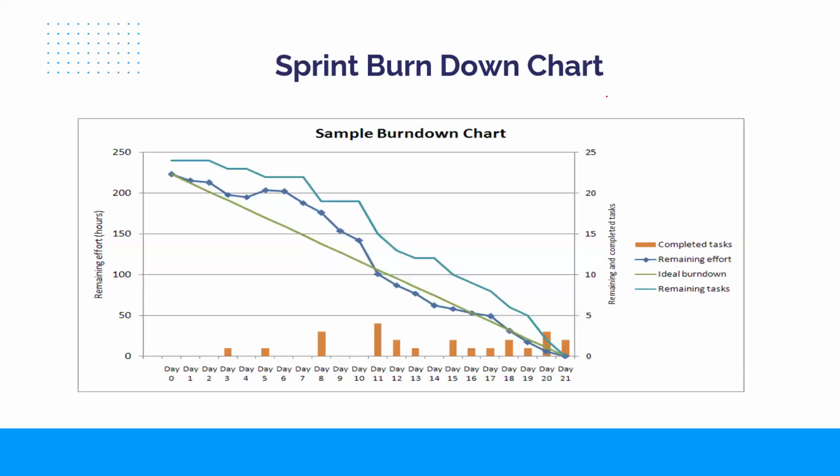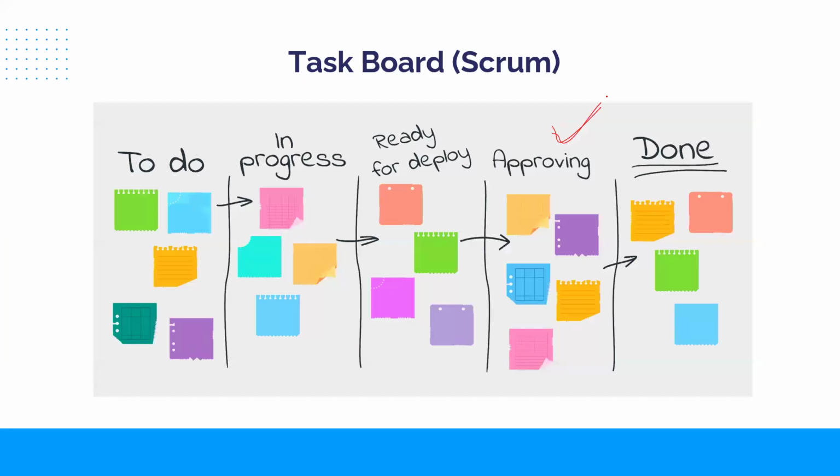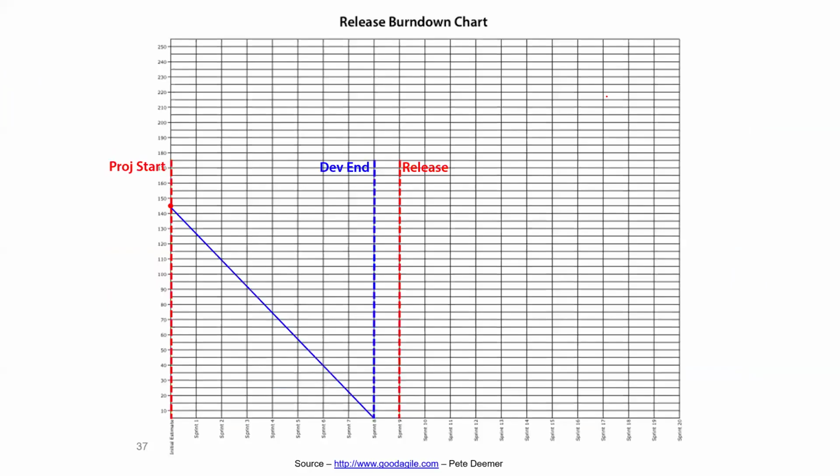Teacher, can you go back to the Scrum board? Yeah, this one, the burn down chart. Look at this. What is this blue line? I see on the x-axis you put sprint 1, sprint 2, sprint 3. Normally I'm used to day 1, day 2, day 3, day 4.